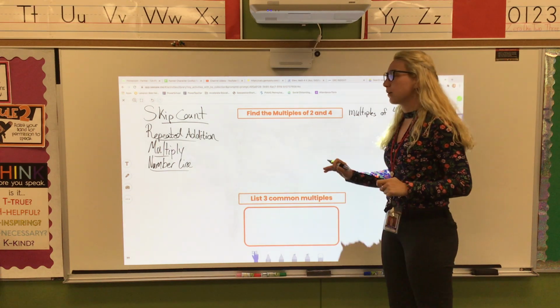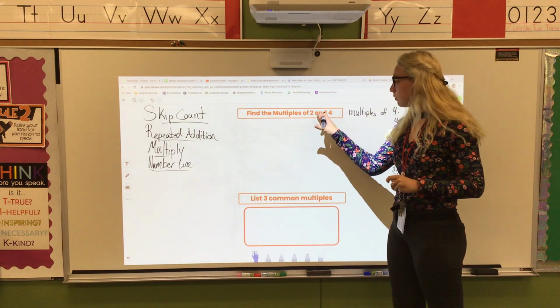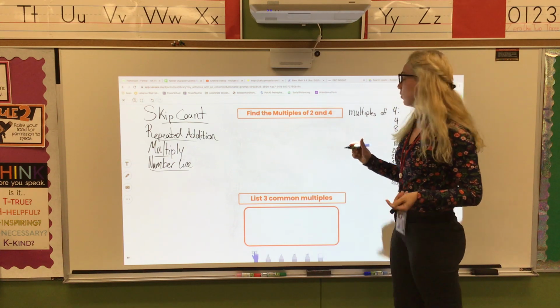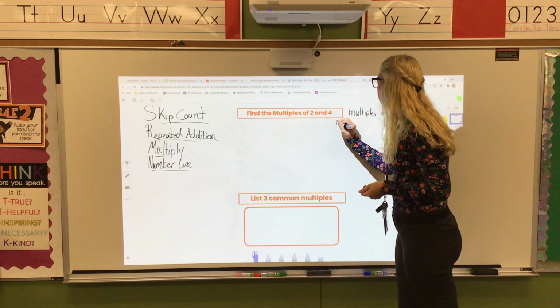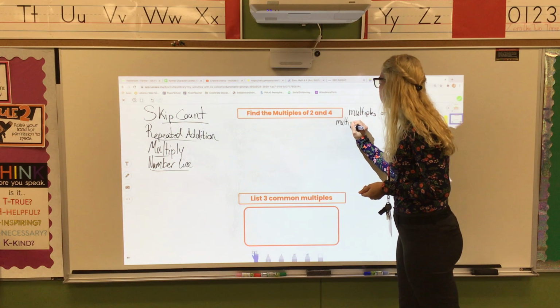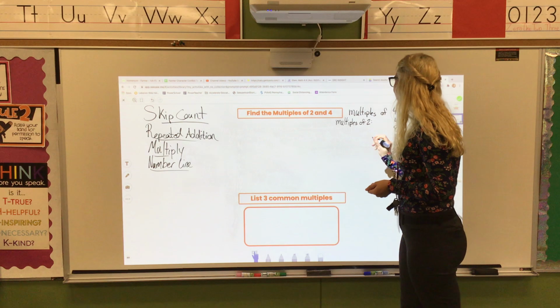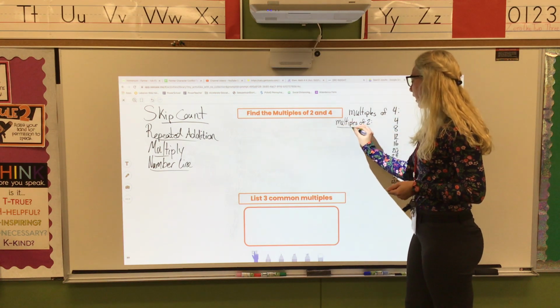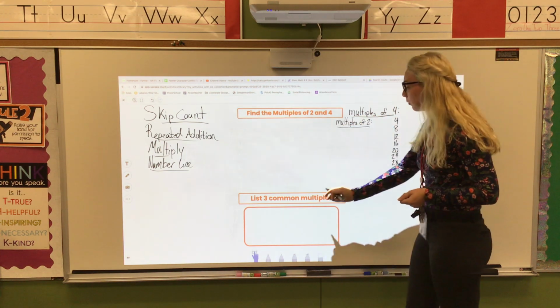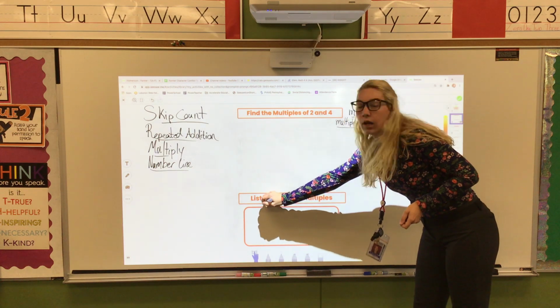I'm going to also use skip counting for 2s because hopefully you guys can all skip count by 2s. I'm going to just write it right here. My multiples of 2. Now, when I find common multiples, I'm looking for how many? 3.